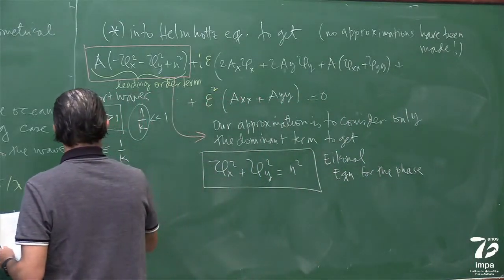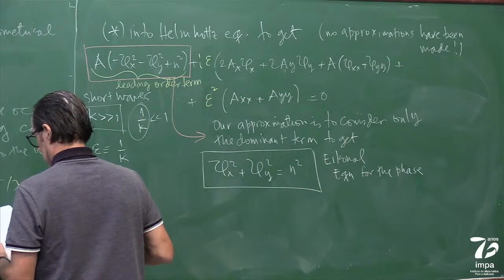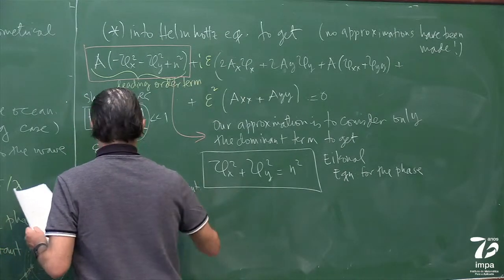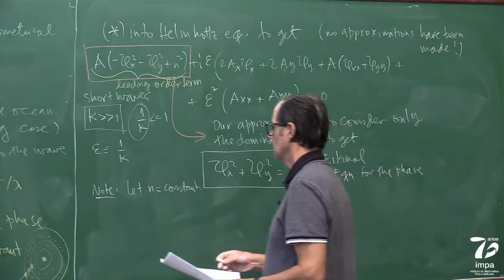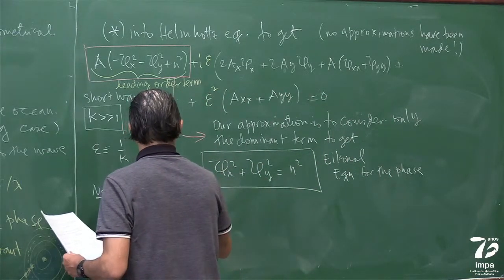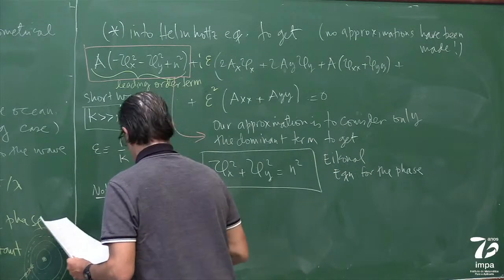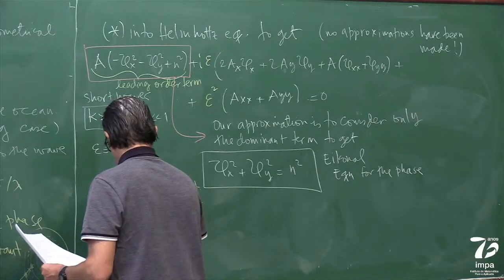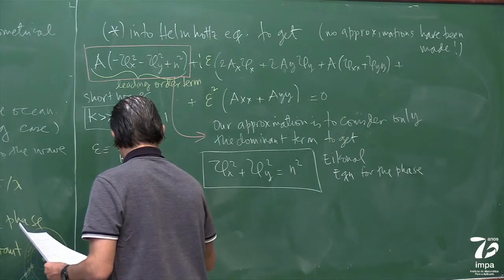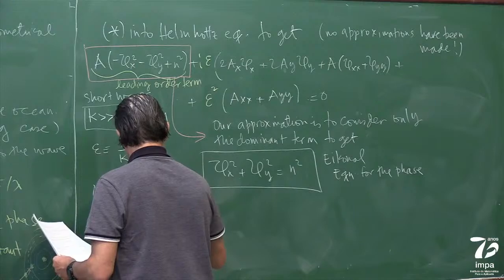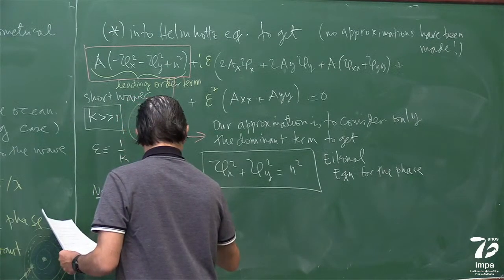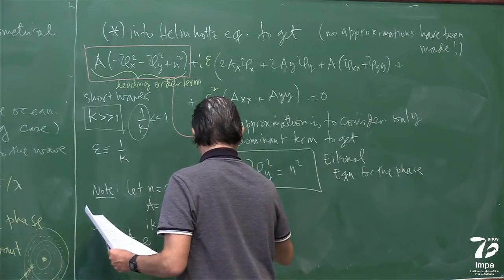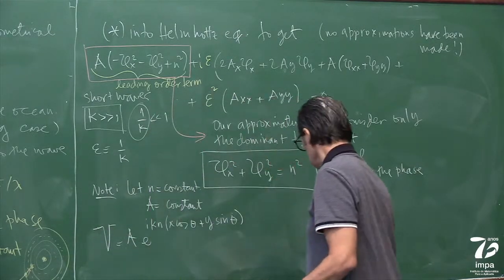Now, note, let n equal a constant, and let A also be a constant, just so we can get a better feeling for what I just said before, and I said a little too fast. And it helps us for what we're going to do in the following, which is to solve the Eikonal equation.